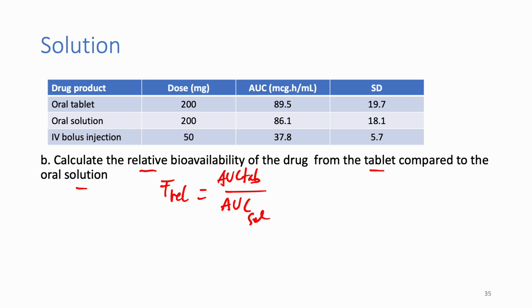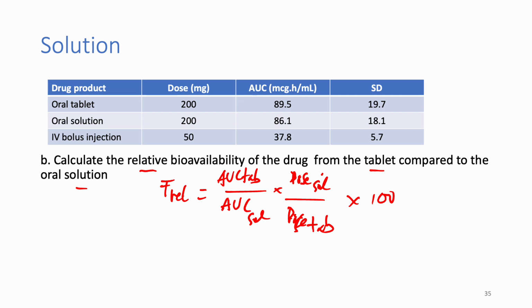Because you compare tablet to solution, the solution is the reference and the tablet is the testing. Then you multiply by the dose of the solution divided by the dose of the tablet. And this equation will give you the value as a fraction. If you want the percentage, then you need to multiply by 100.